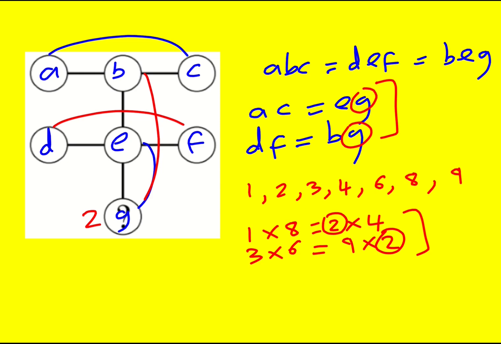Because I've got 3 times 6 and 9 times 2, maybe I put 3 and 6 here and make this 9. Then I've got my 18. And I've also got 2 times 4 is 1 times 8. So I put 1 and 8 here and 4 here.